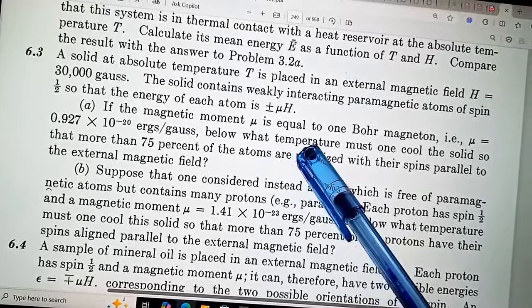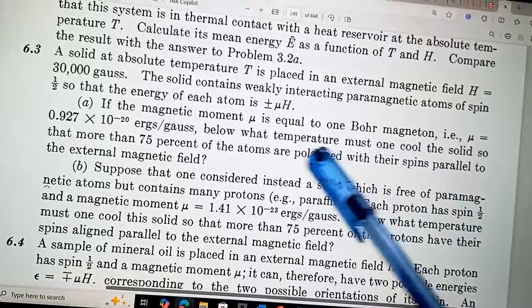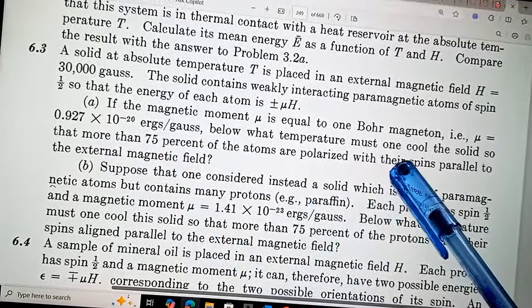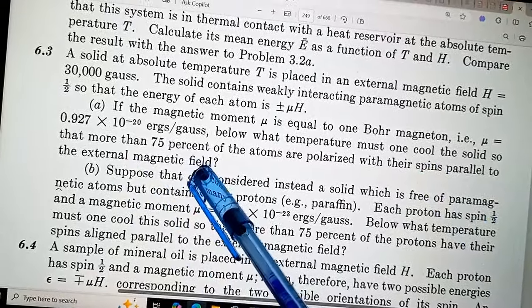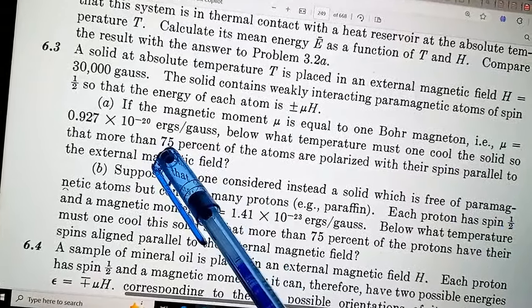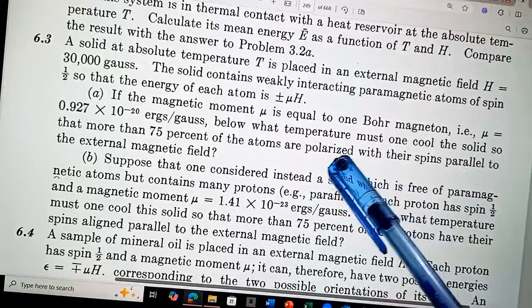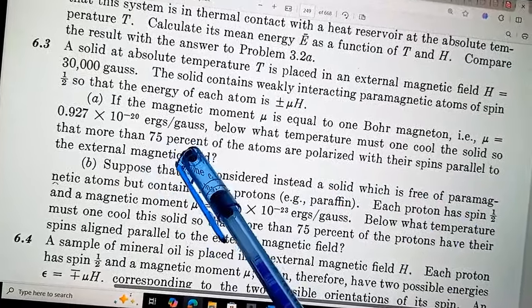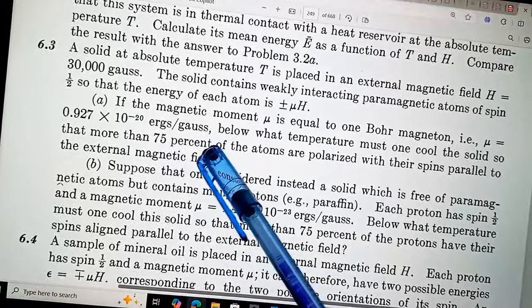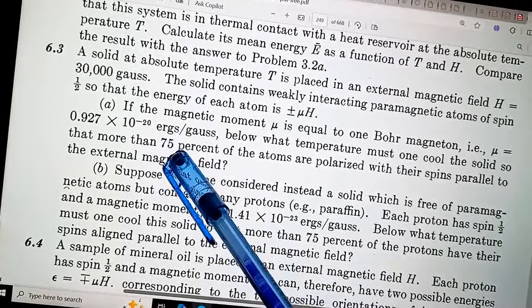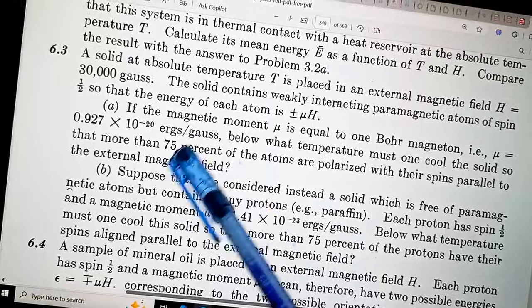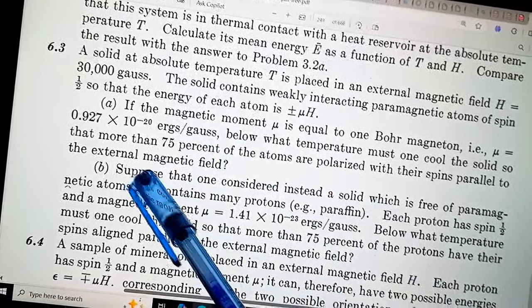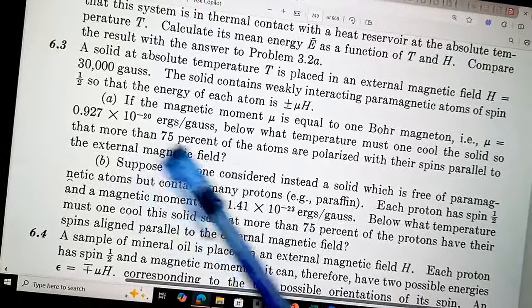We need to calculate temperature in this problem, and what else is given is that 75% of the atoms are polarized with their spins parallel to the external magnetic field, which means the probability of occupying the parallel state is 75%. We'll convert it into probability. So we are given the probability, we are given mu h, and we need to calculate T. We'll do it really quick.